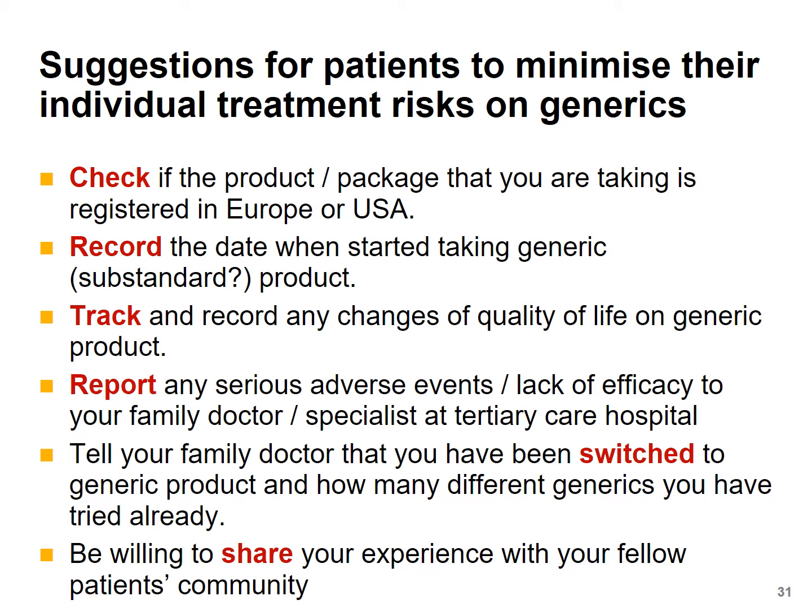Report any serious adverse events or lack of efficacy to your family doctor and your CML specialist at the hospital. And also tell your family doctor that you have been switched to generic products and how many different generics you have been trying already, because sometimes doctors just don't see the full picture, as it might be spread between different doctors. So have the information at hand, try to collect it and write it down.